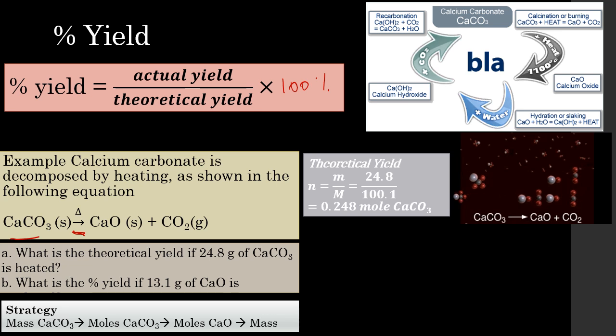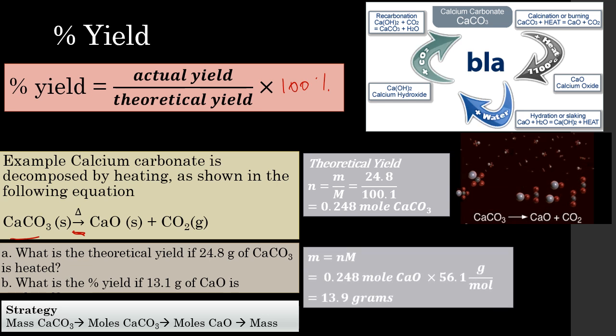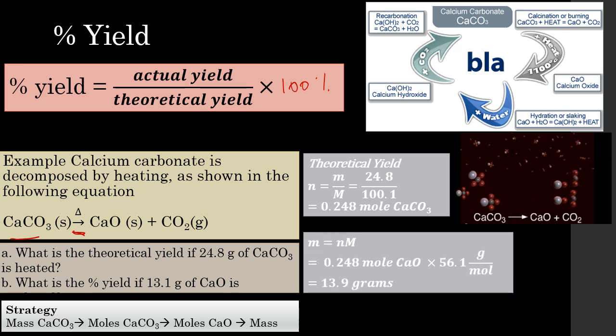So let's do that. The number of moles should be the mass over the molar mass. So that's 0.284 moles of calcium carbonate. That should give us 0.284 moles of calcium oxide, and we'll multiply that by its molar mass. So in theory, we should get 13.9 grams.